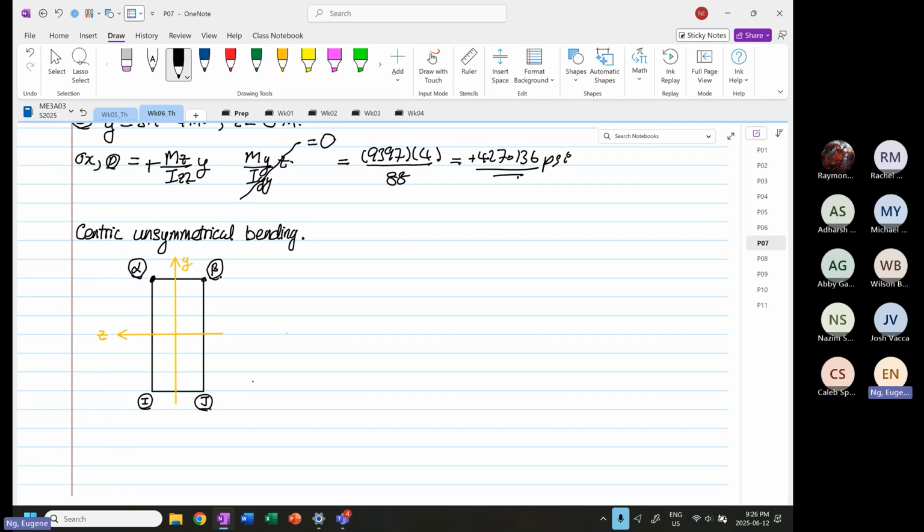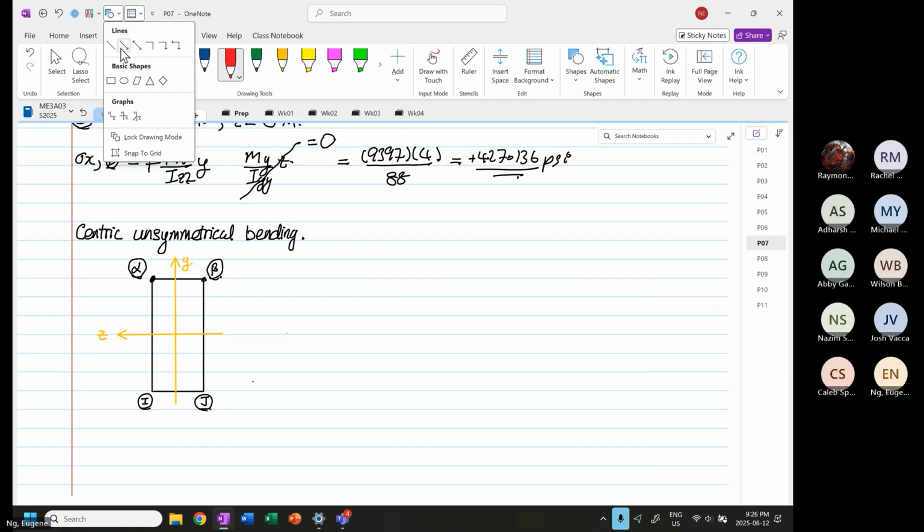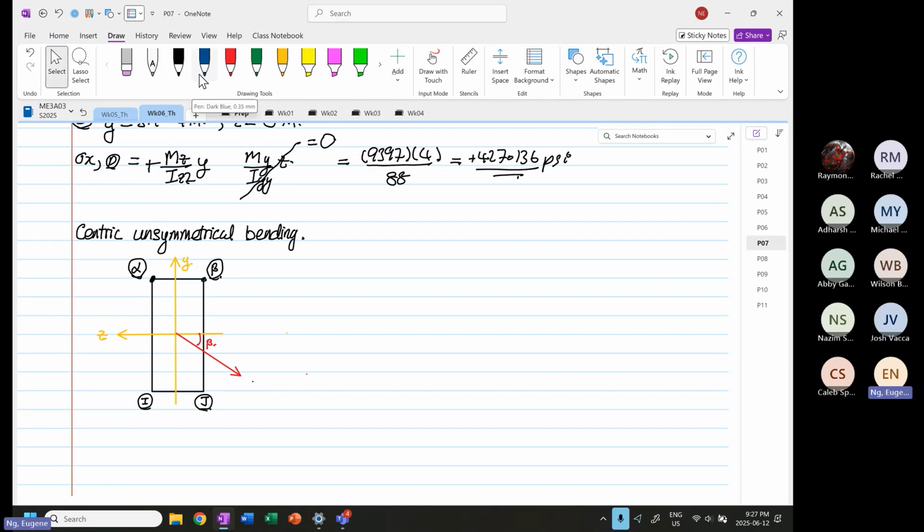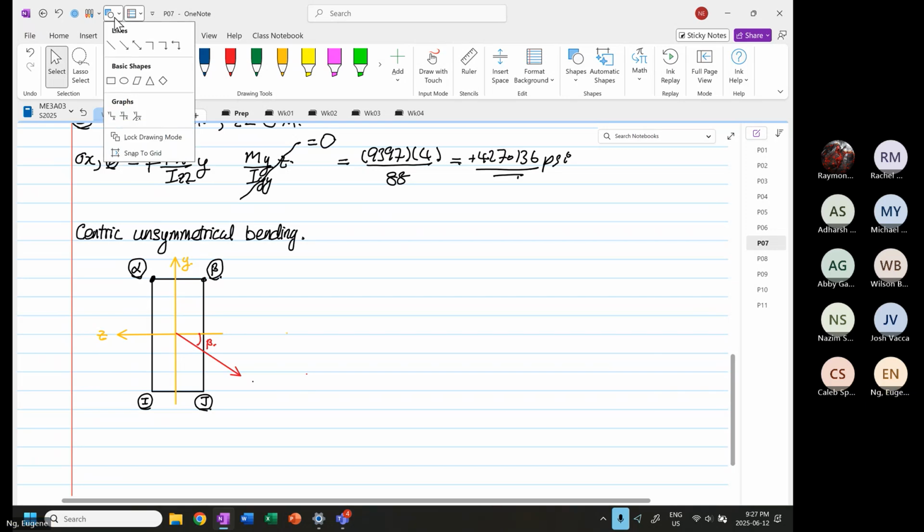And now the moment vector is in this direction. Okay, now the moment is in this direction, right? So I'm just going to call this angle our beta angle, for example. Okay, so from here we know that this will be our MZ.